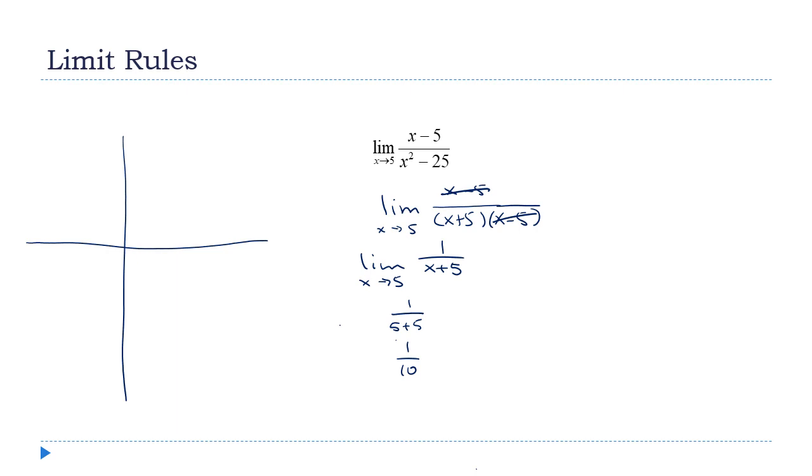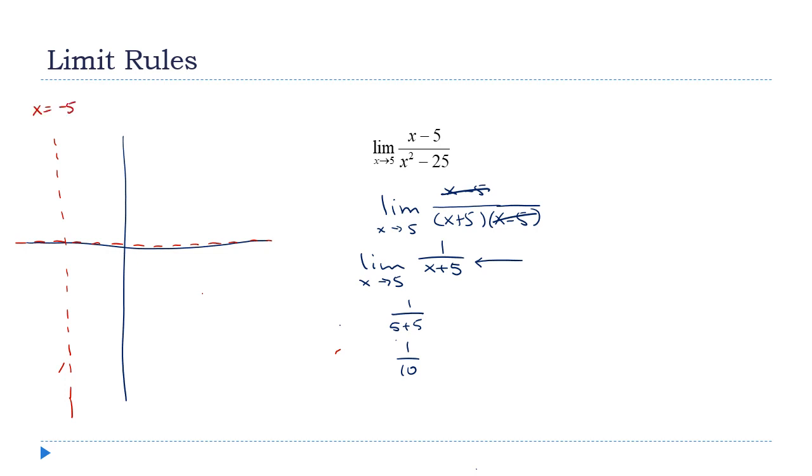Now, if we try graphing this function, and I'm specifically looking at this function here to think about what I'm going to graph, it has a vertical asymptote at x equals negative 5, and a horizontal asymptote at the x-axis.